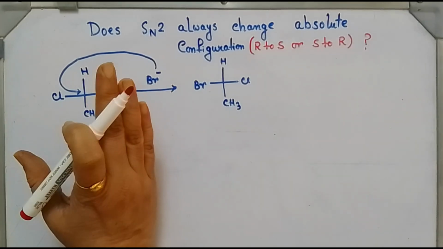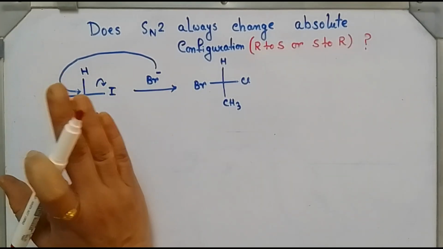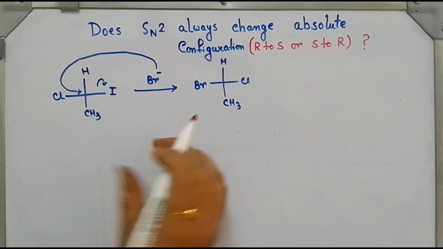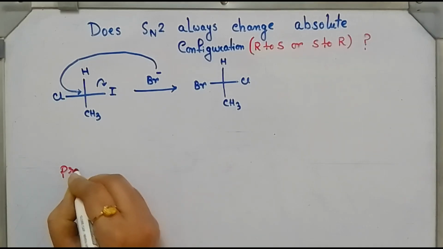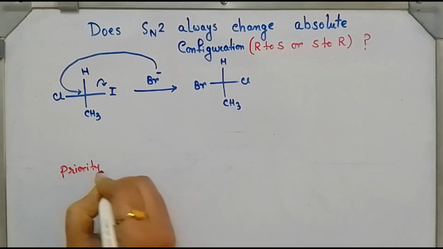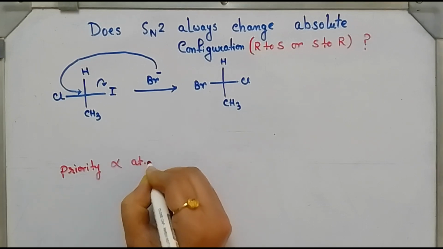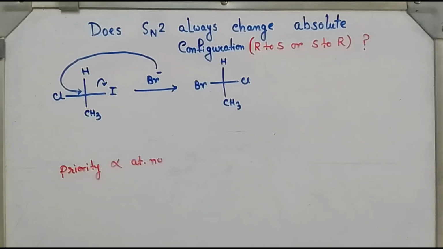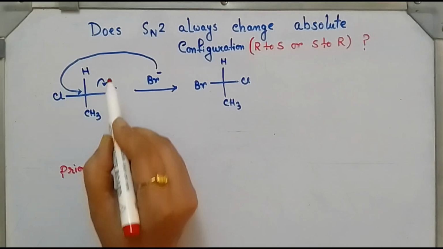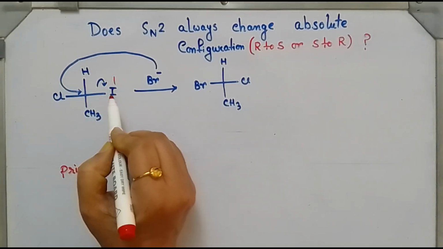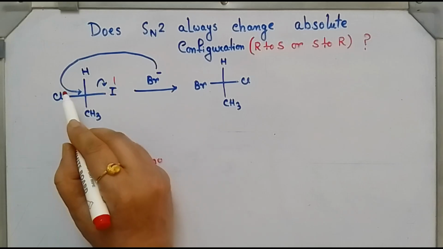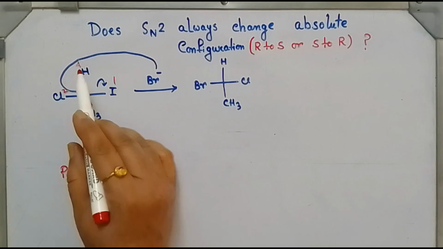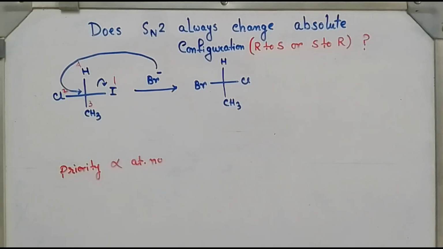Now we have to find out its absolute configuration, whether it is capital R or capital S. So what you have to do? We know priority is proportional to the atomic number of the atom of each group directly attached to the chiral carbon atom. So this has the highest priority, it has the highest atomic number. Next priority is this Cl. Carbon has third priority and the last priority is for hydrogen.